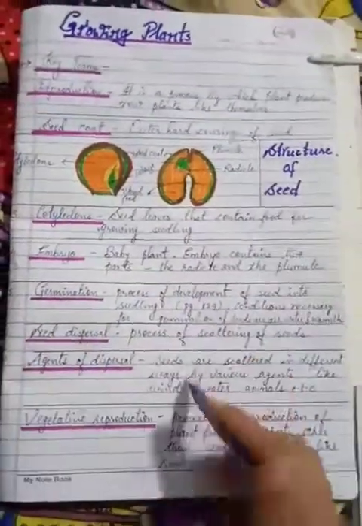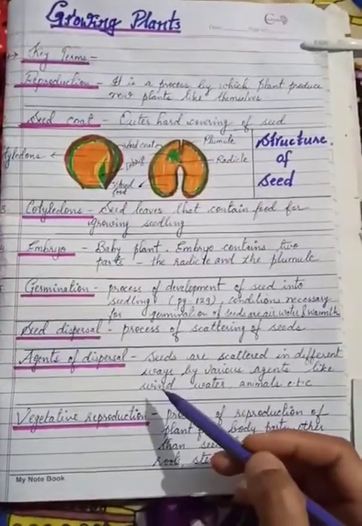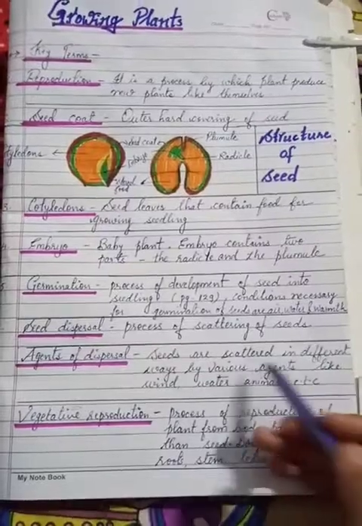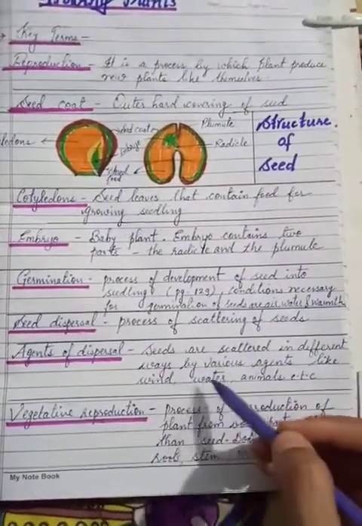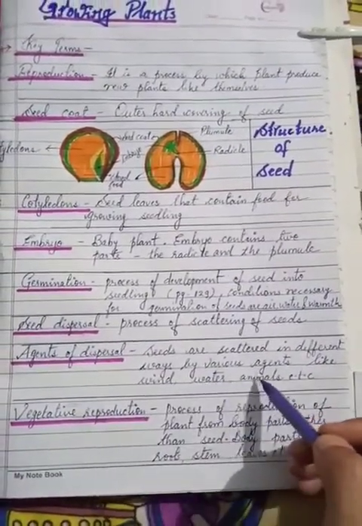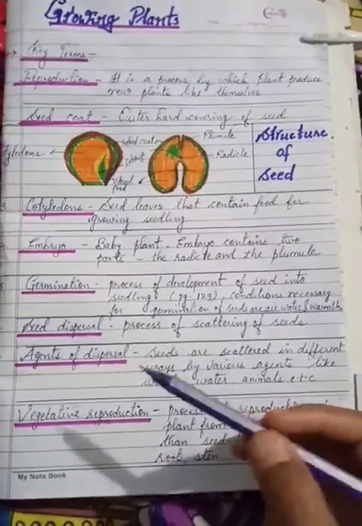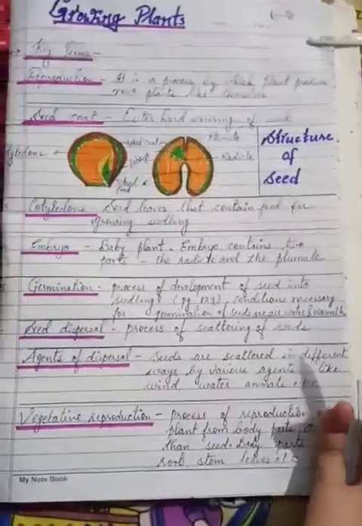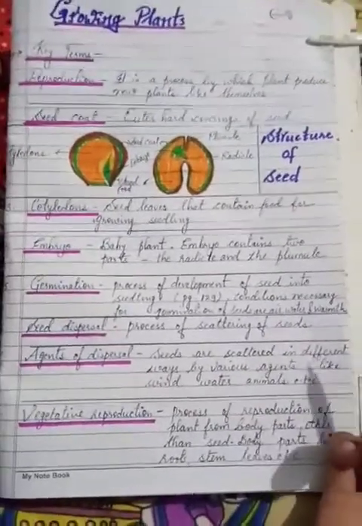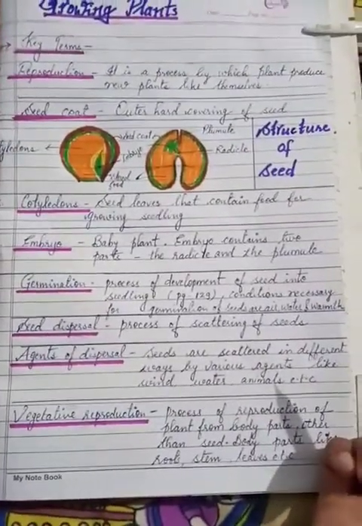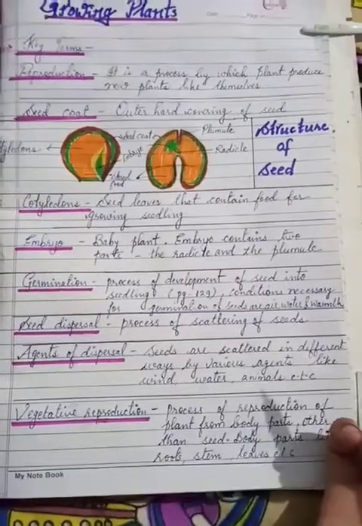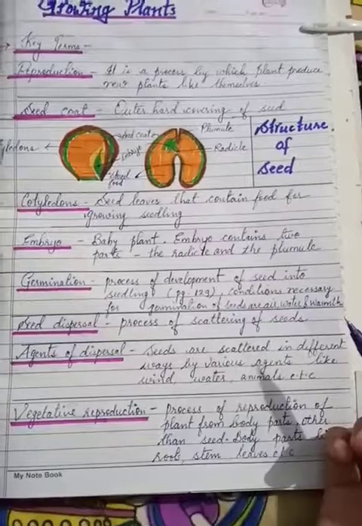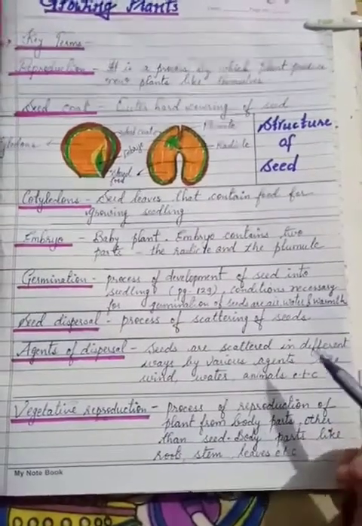These agents are wind, water, animals, etc. So by wind, water, animals, etc., the seeds are dispersed from the parent plant to some other place, and at that place the seeds help to make a new plant. It means the seeds are reproducing, then they are growing into a new plant.